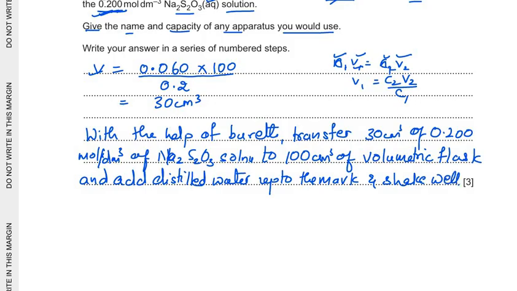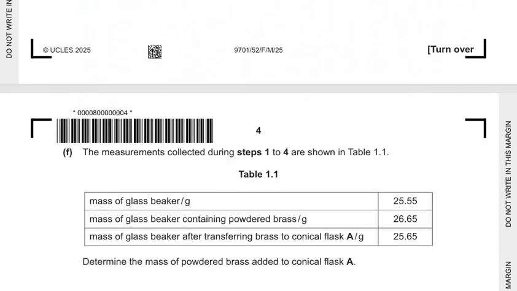So this is how you describe the process, specifying the capacity and the apparatus also. After that we add distilled water up to the mark given on the volumetric flask, and then we shake well. So this is how we describe the whole process.